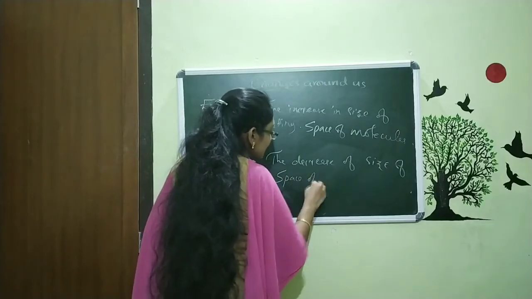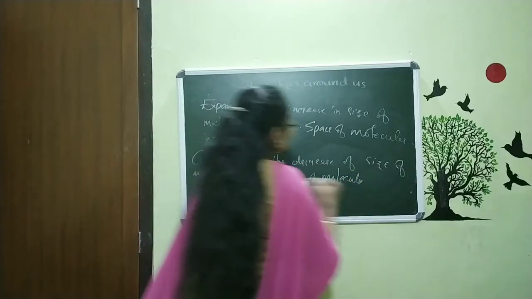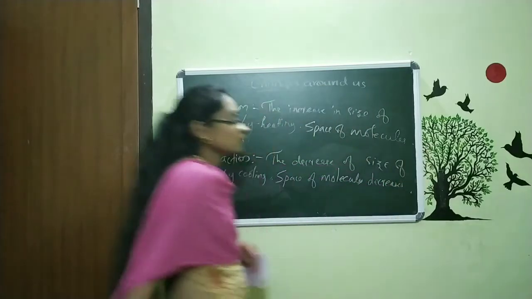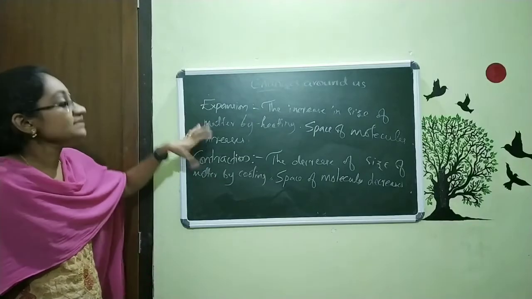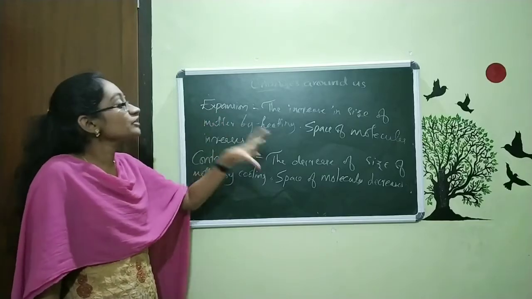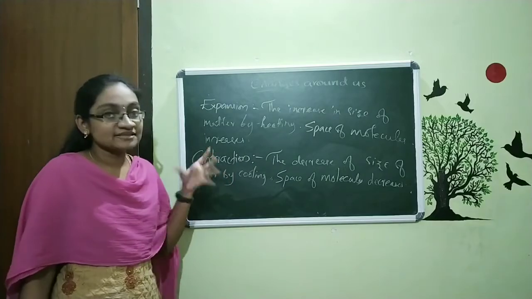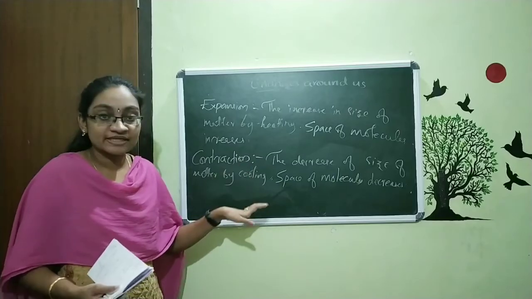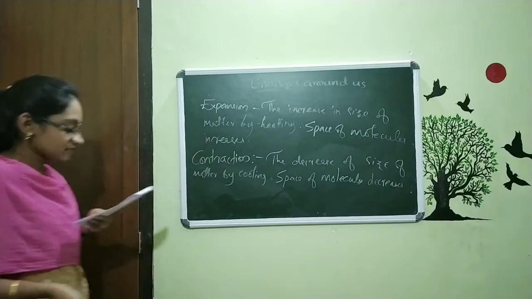The space of molecules decreases. So this is the definition for expansion and contraction. Expansion, the increase in size of matter by heating, and there the molecular space is getting increased. And the contraction is the decrease in size of matter by cooling, and here the space of molecules is getting decreased. So you want to remember this definition of expansion and contraction.